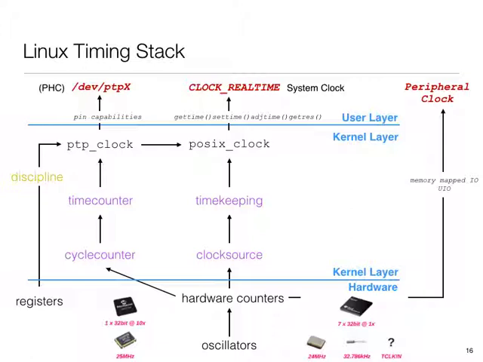And that's not it. You also have another source of clock on your platform, which I call a peripheral clock. Suppose you have a subsystem on your platform. It has an oscillator, it has a counter. For a clock, all you need is hardware and an oscillator, and then you can write the software yourself to maintain it as a clock.